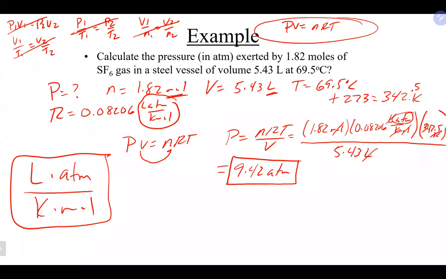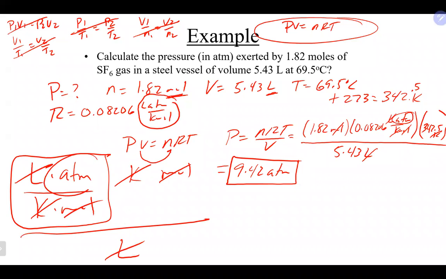In this case, we had Kelvin and moles up on top, so the Kelvin canceled, the moles canceled, and then we were dividing by liters on the bottom, so those canceled, and that left us the atmospheres. Other questions?